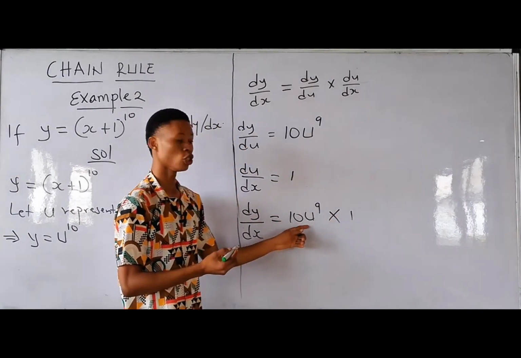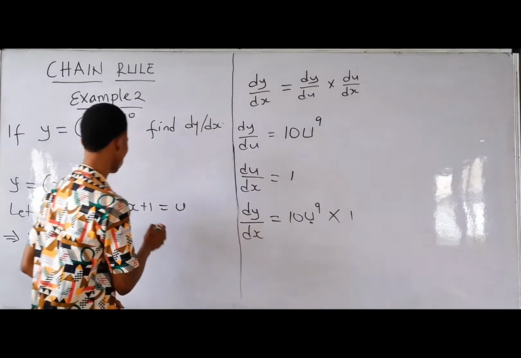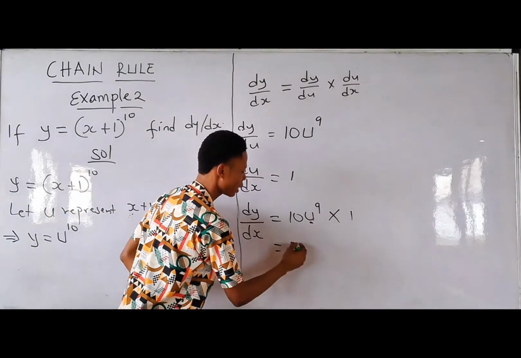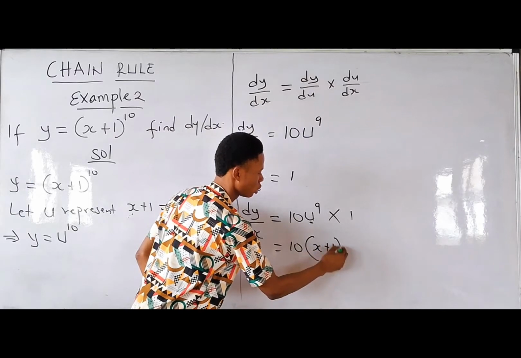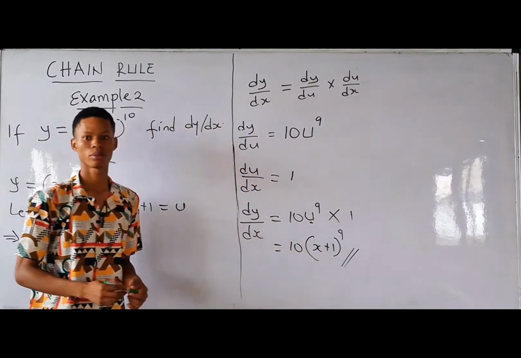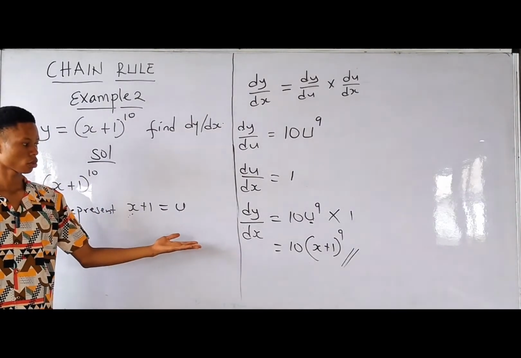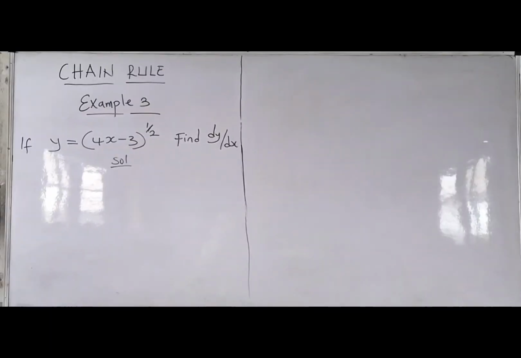So we are left with 10 u raised to power 9, right? But recall that u is equal to what? x plus 1, right? So we'll just have 10 times x plus 1 raised to power what? 9. Here's our answer. Is it not simple? Put it together.